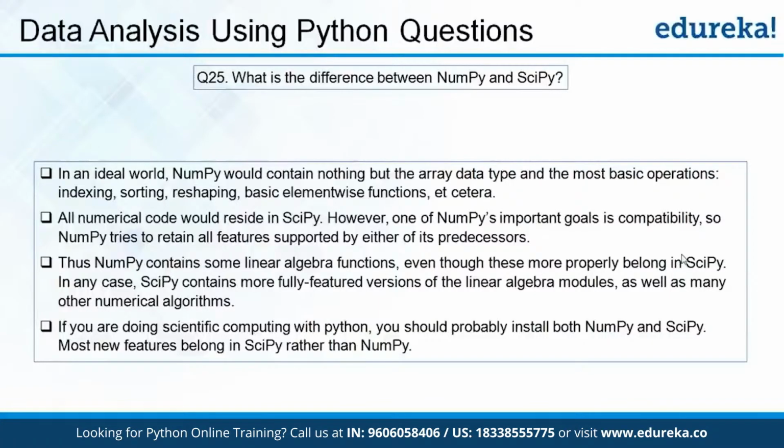Integration, differentiation, all these operations are provided in SciPy, and it's much easier. SciPy contains more fully featured versions of linear algebra modules. So if you're going to do scientific computing, it is advised to use both NumPy and SciPy together, which is the recommended thing, instead of using them independently.